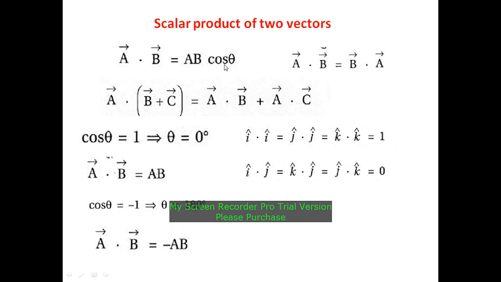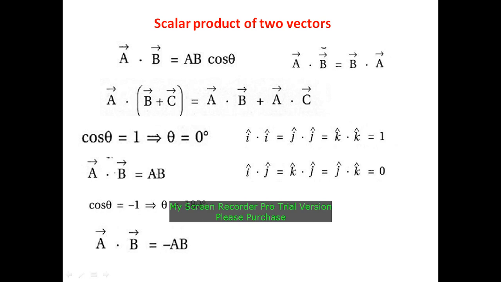And you know that cos 90 is 0, so a dot b becomes 0. Between 0 and 180, at 90 degrees the dot product becomes 0. In the first quadrant a dot b decreases from its maximum at 0, and it becomes negative at 180 degrees.